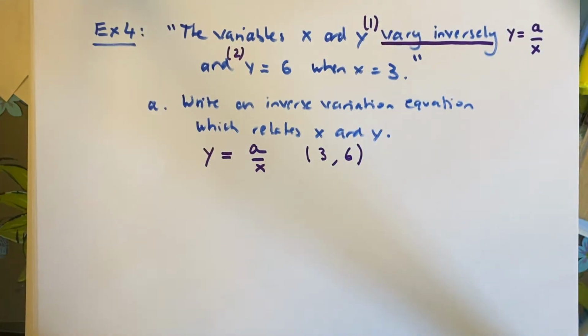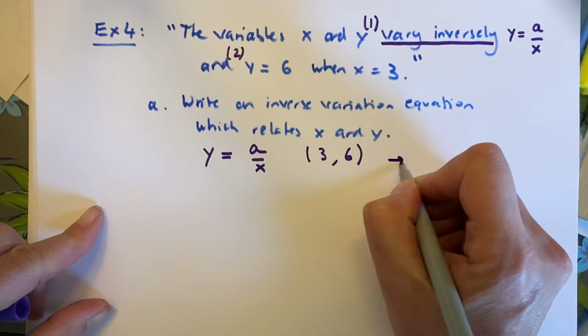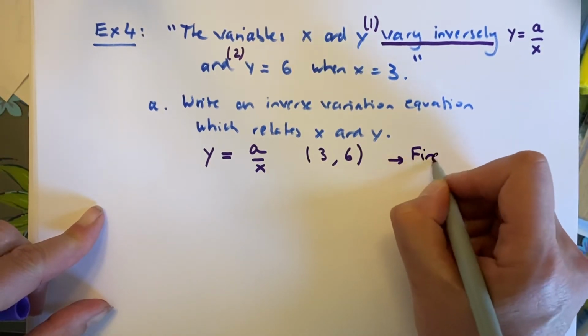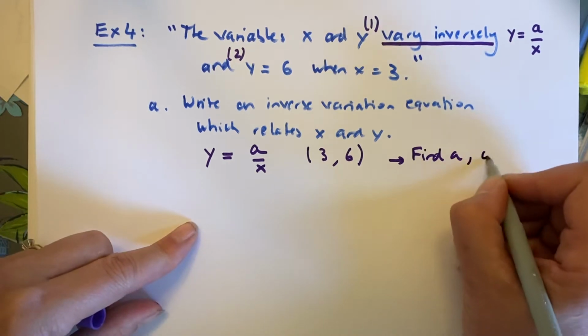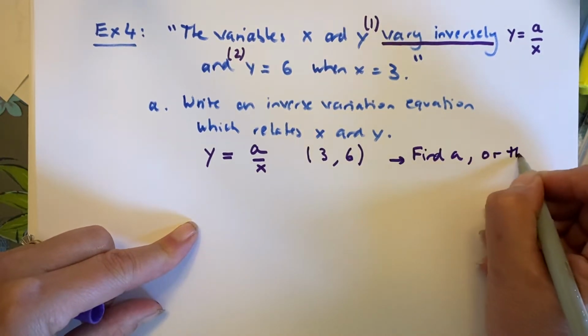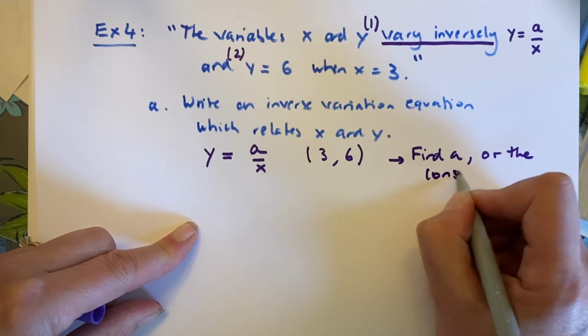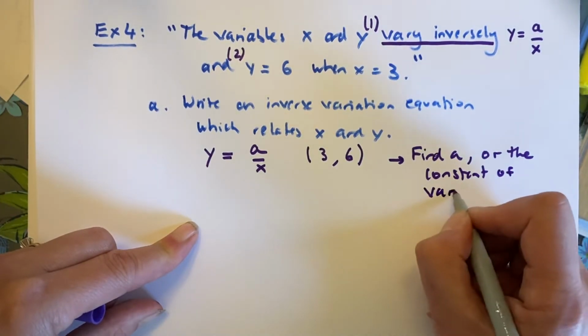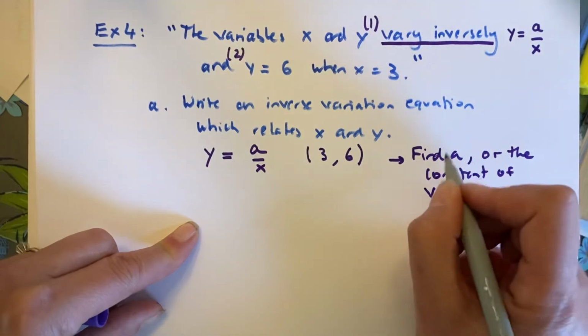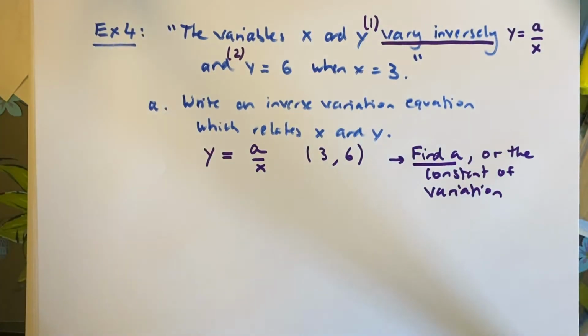Because what you need to do to write the equation is find a, which we said is the constant of variation.